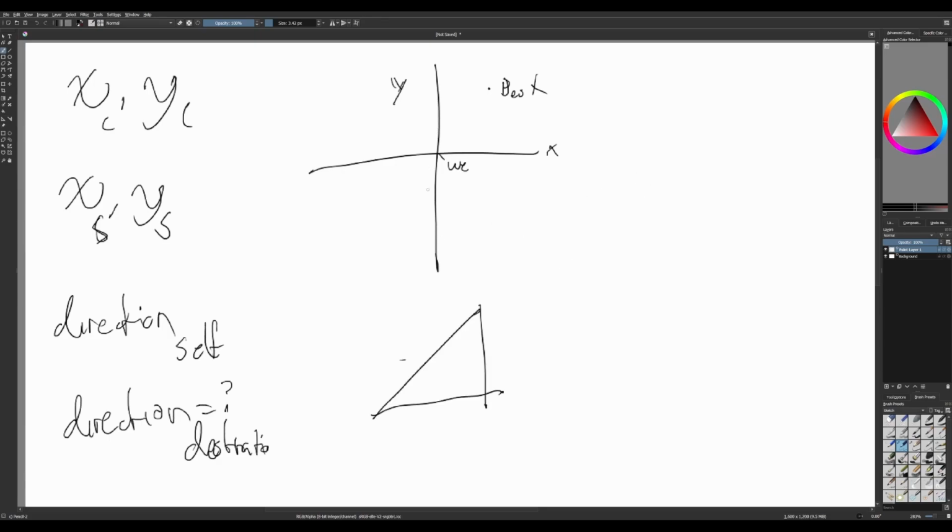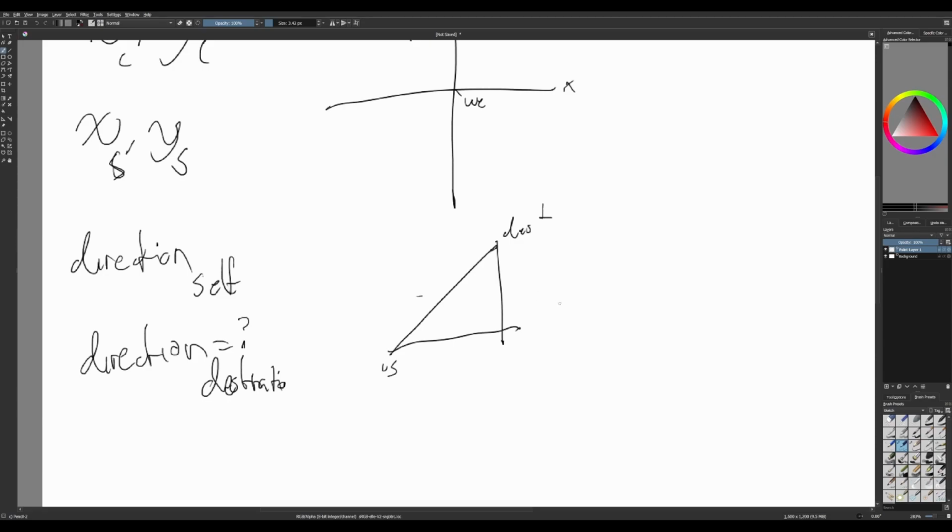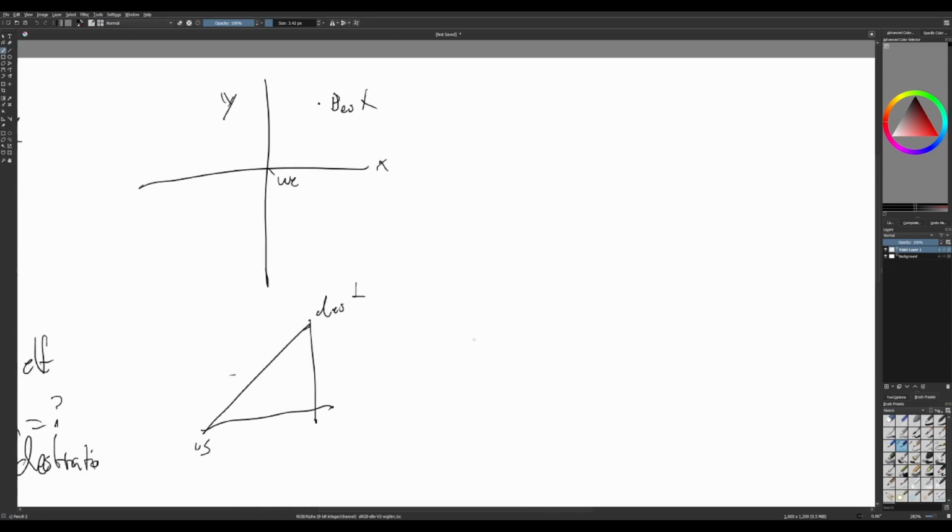Triangles. So here's the deal. This is our destination. Let's say that. This is where we are. There's another kind of coordinate grid that we can go by, which takes the distance from the origin and then the angle, theta, in radians.